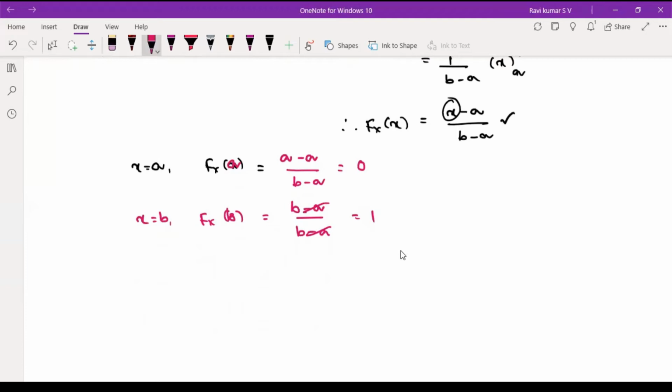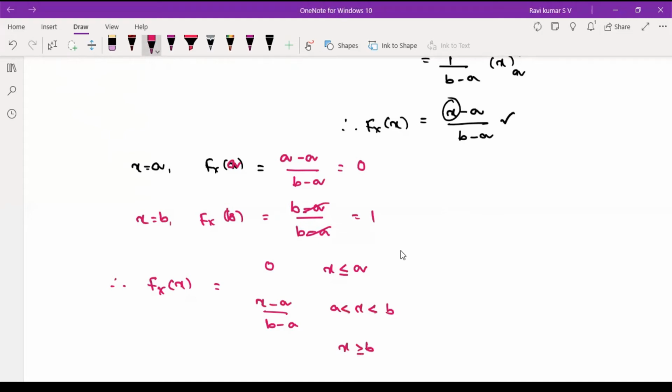So finally, I give the distribution function for the given limits as per the density function. It is 0 for x less than or equal to a, and x minus a by b minus a for a less than x less than b.